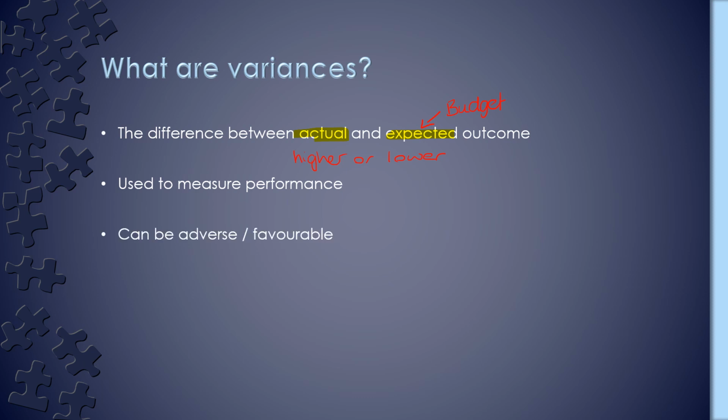Our variances can be adverse or favourable. Your favourable variances are the ones that we like. These are the ones where we've either got more income than we expected or less costs than we expected.